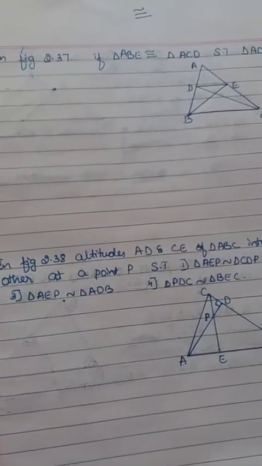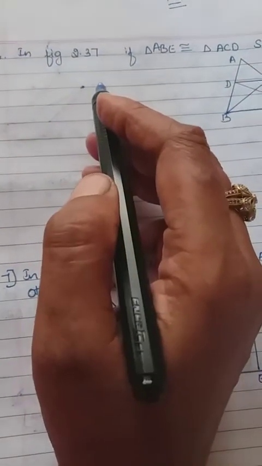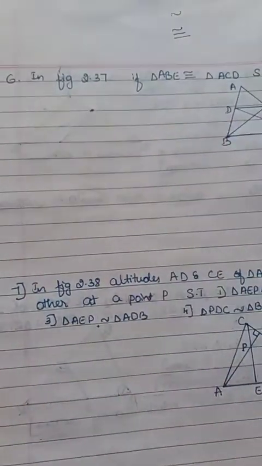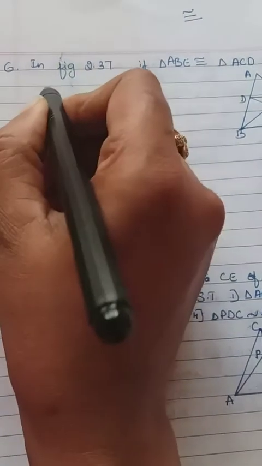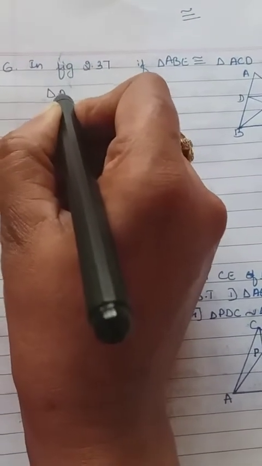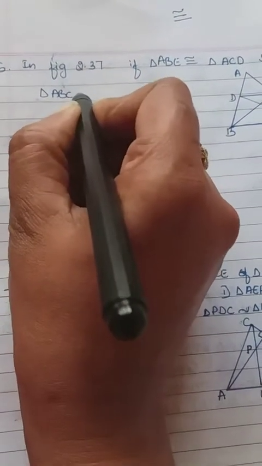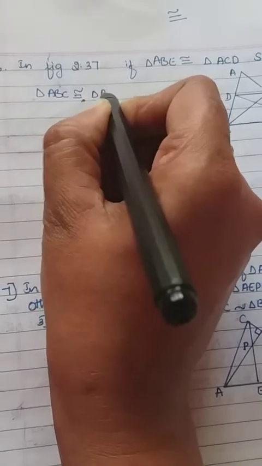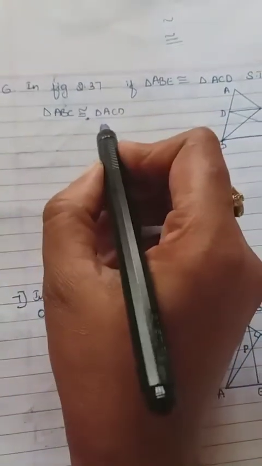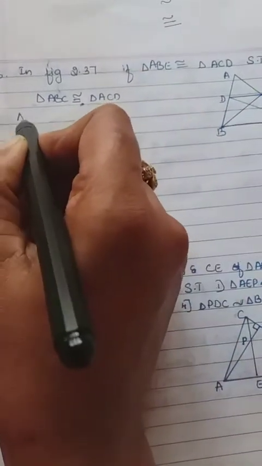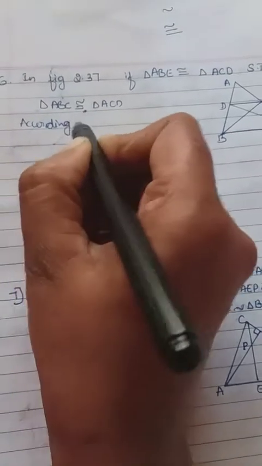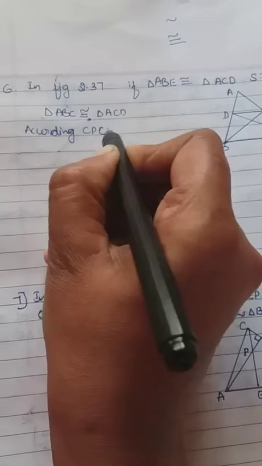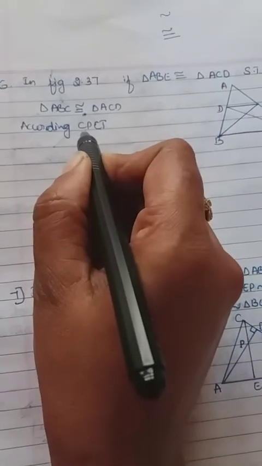Since the triangles are congruent, we use CPCT. I think you know the full form of CPCT: corresponding parts of congruent triangles.